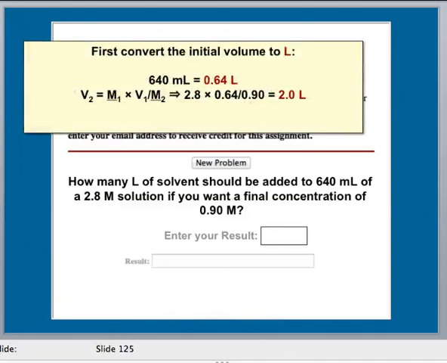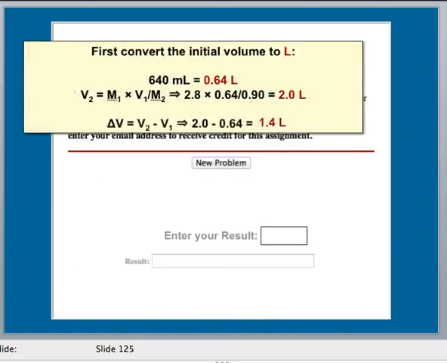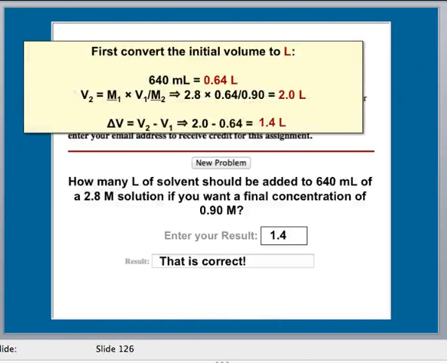So, our final volume, we can calculate, is going to be 2 liters. But we started with 0.64 liters, didn't we? So how much do we have to add? 1.4 liters.